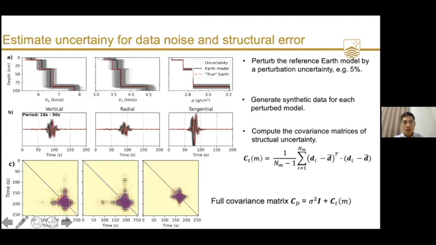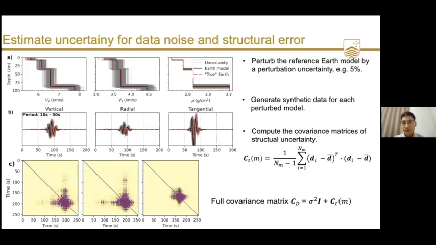So how do we estimate the uncertainty for data noise and structural error? Firstly, to estimate the uncertainty caused by structural uncertainty, we randomly perturb the reference Earth model, as shown by the black line in panel A. This model is an estimate of the true Earth model, because the true Earth model is unknown.